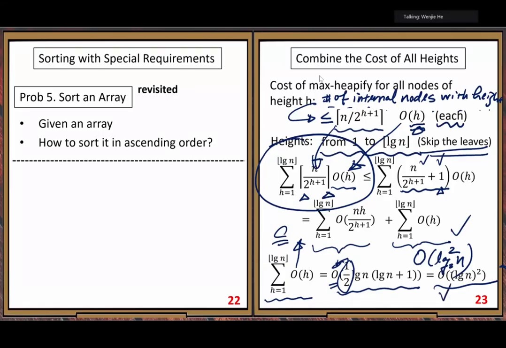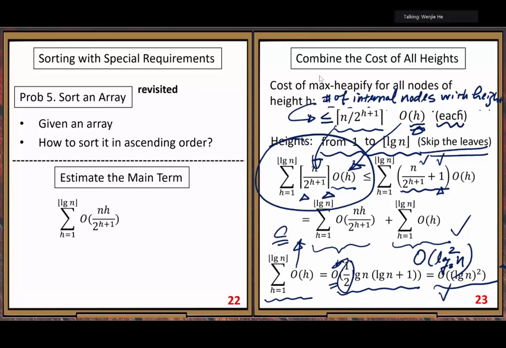Let's look at the first one, the main term, the most important one, and harder. In this expression there is an n, but this n is a constant, a fixed number. When we calculate this summation, this n never changes as we go through all the terms.